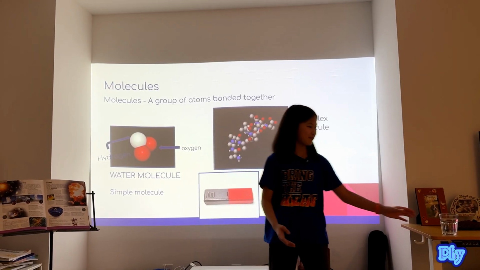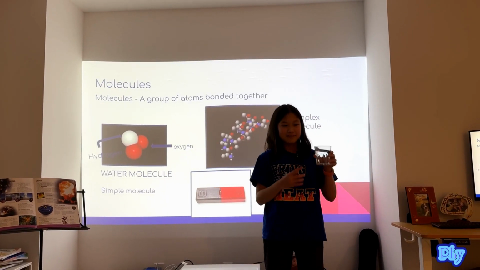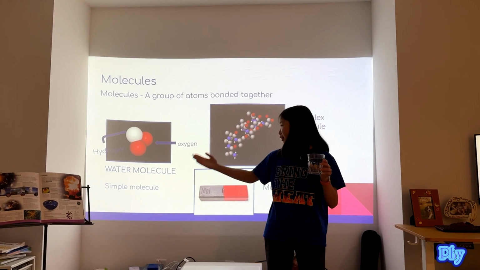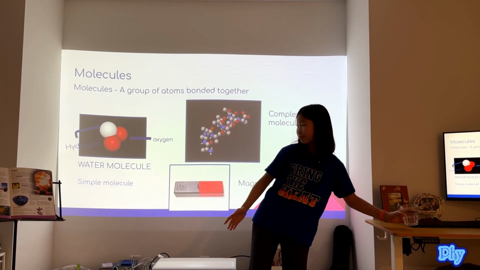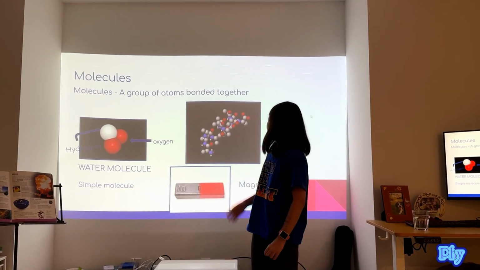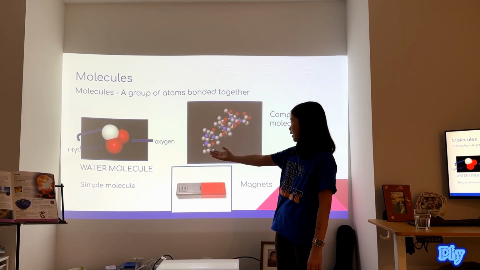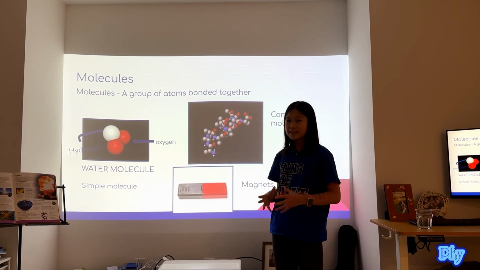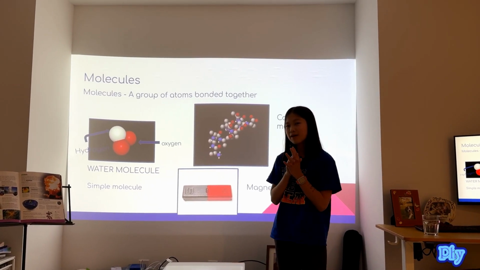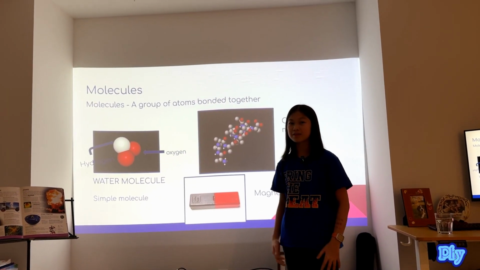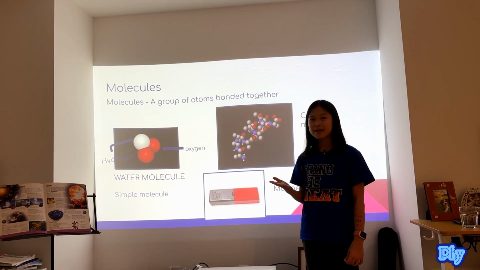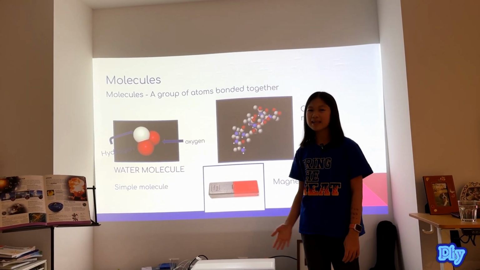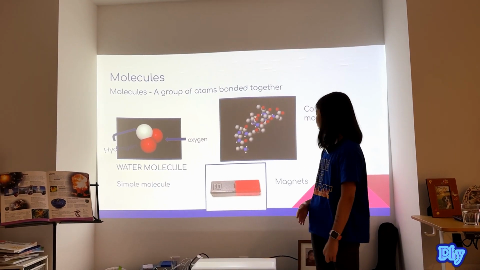So think about my glass of water. There are many water molecules inside this to make this liquid. Complex molecules are water molecules bonded together. Complex molecules can be all different sizes and shapes. We can sculpt them into fans, into chairs, anything that you can imagine.